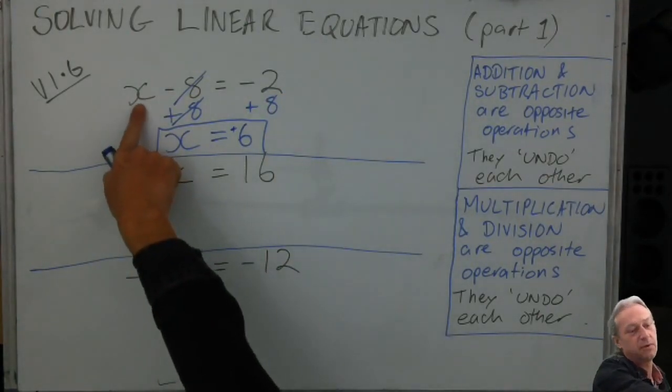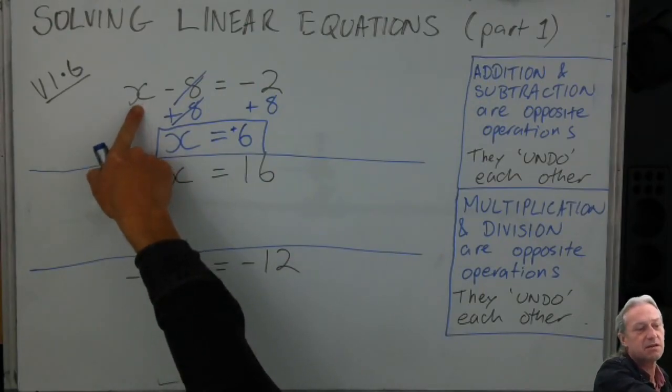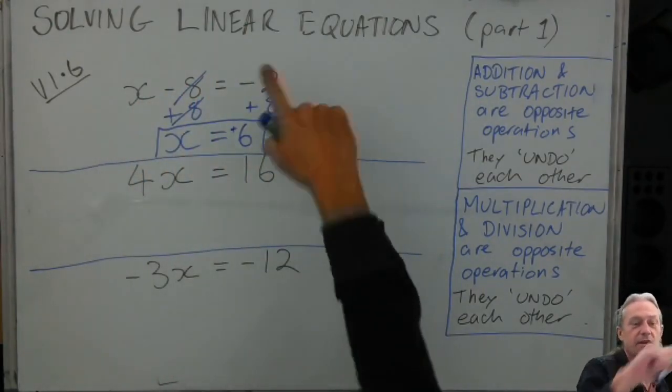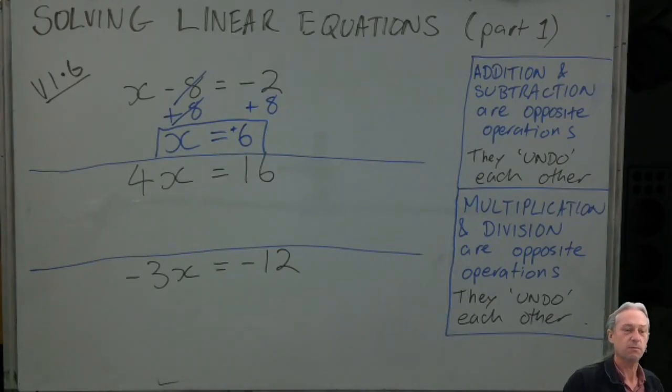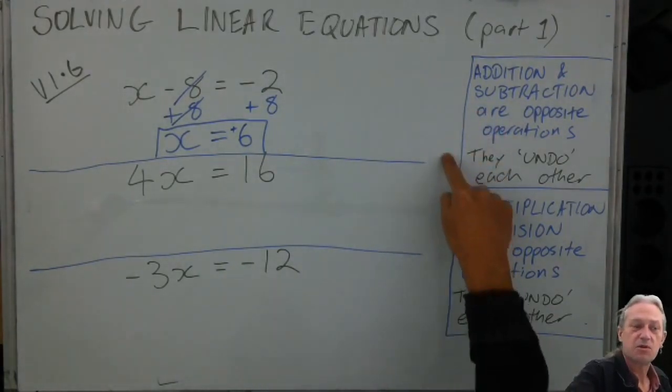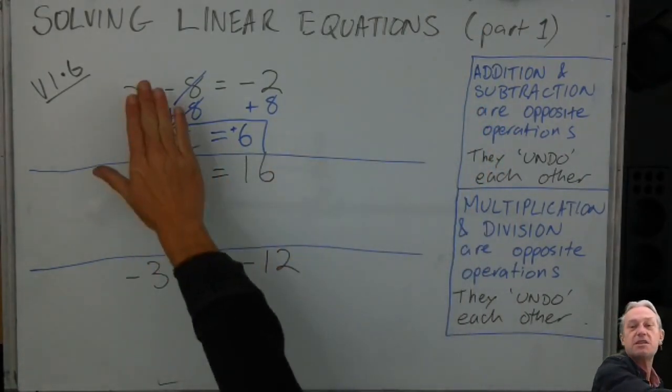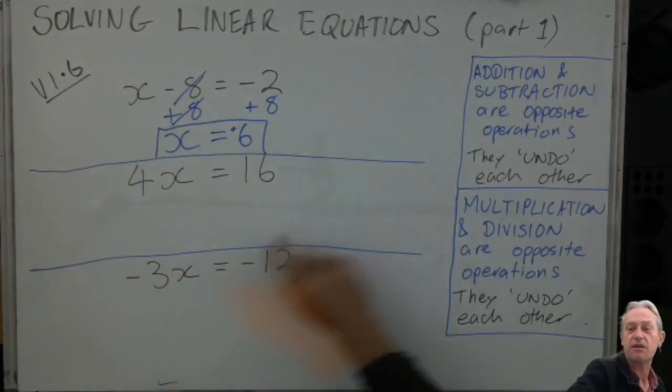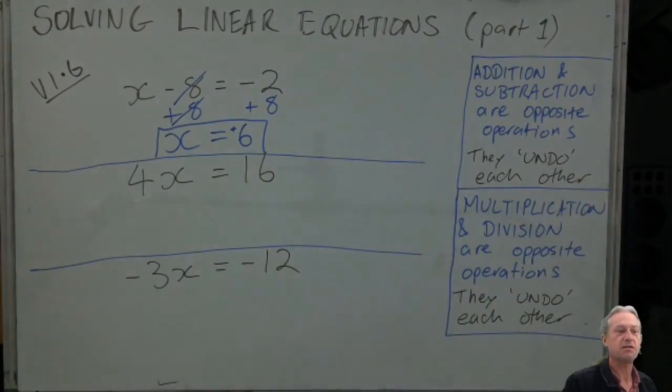So if we plug that in here, +6, take away 8, does indeed take us to -2. So that's the idea with addition and subtraction. To make things disappear on one side, we have to undo them by working out how do we turn what's happening into 0. And then we have to do that same thing on the other side of the equals.